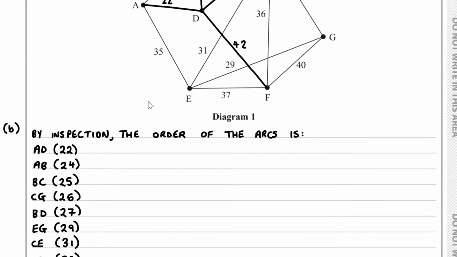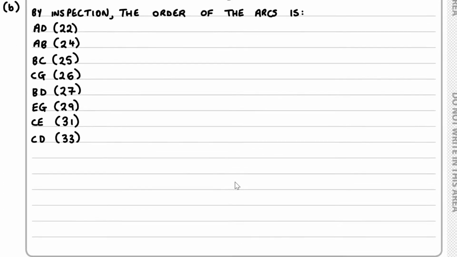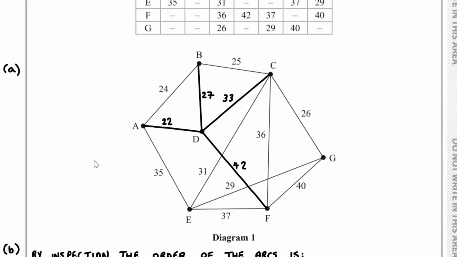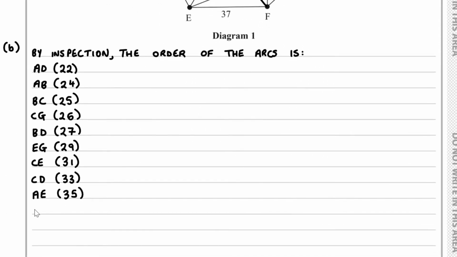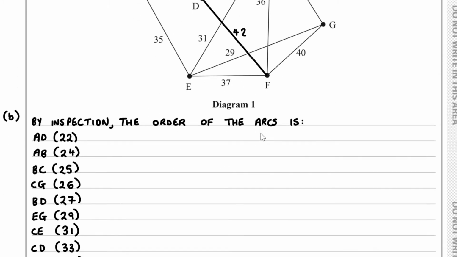Then we have AE with weight 35. Then we have CF with weight 36. Then we have EF with weight 37.